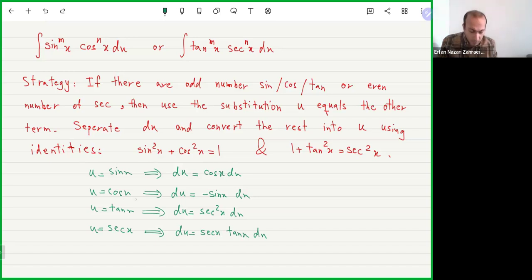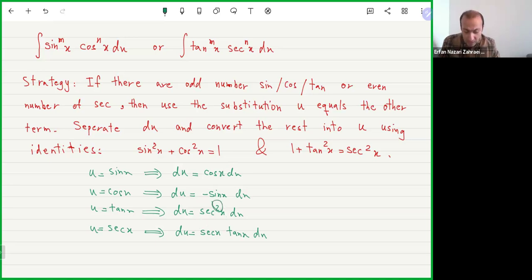Similarly, if you want to do the substitution u equals cosine, the derivative of cosine is negative sine. This has an odd number of sine in it. So I need an odd number of sine to be able to use u equals cosine as a substitution. Also for tangent, the derivative of tangent is secant squared.